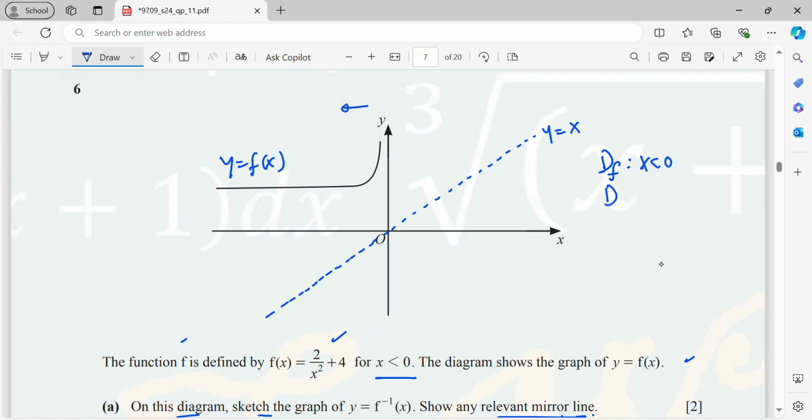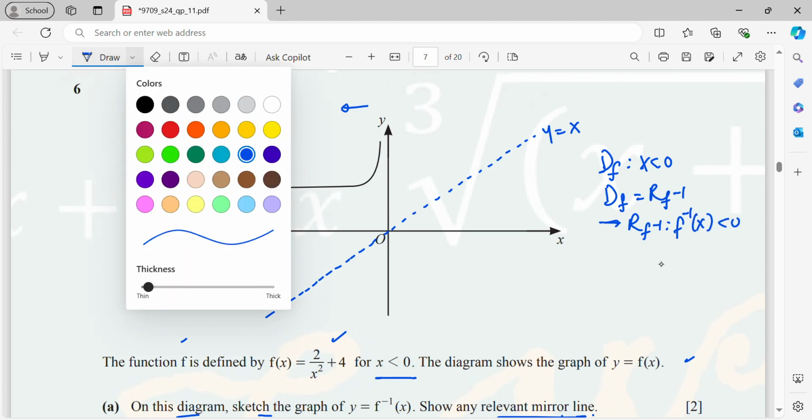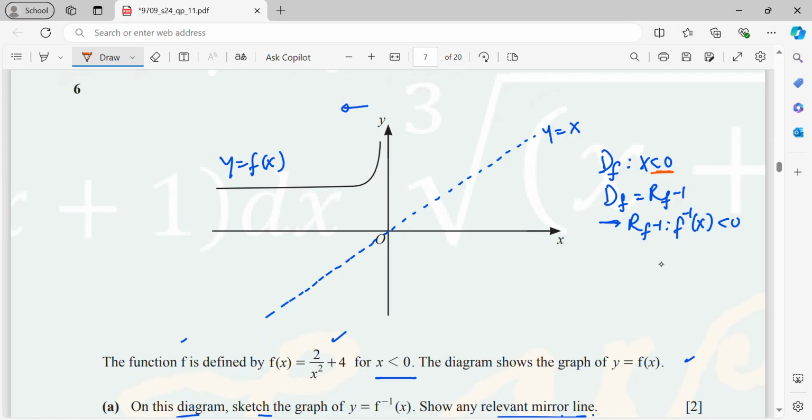Now, domain of f equals range of f inverse, which means my inverse graph will be less than 0. Domain is referring to x. Range is referring to f inverse, or y value. So now I know that my inverse graph later on will be all negative.